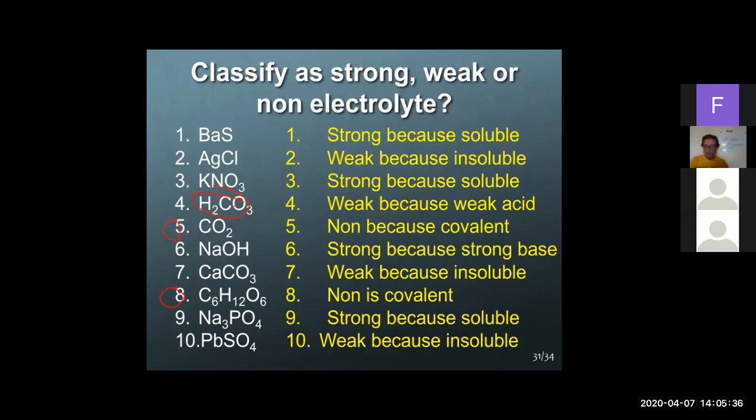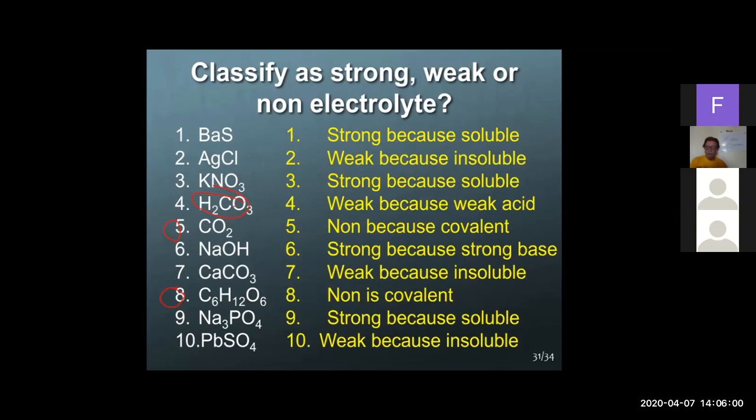Calcium carbonate, if we look up carbonate ion in the solubility rules, we'll find it to be insoluble, therefore designated as a weak electrolyte. We talked about number 8 already. All you see is nothing but non-metals, therefore it's covalent and therefore non-electrolyte.